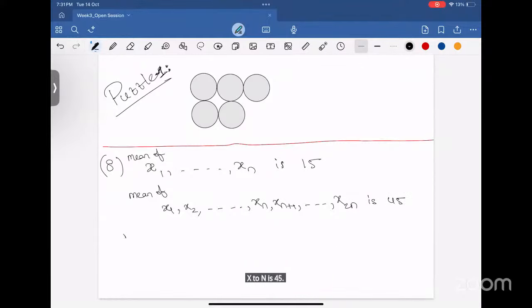And the mean of 3n observations x1, x2 to xn plus 1 to x2n plus 1 till x3n is 34. Right, so then what is the question?